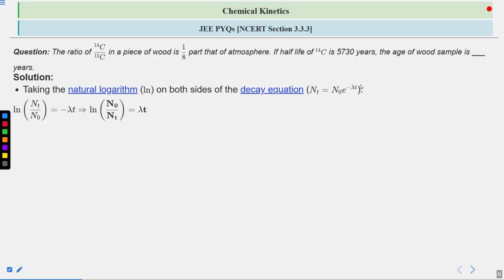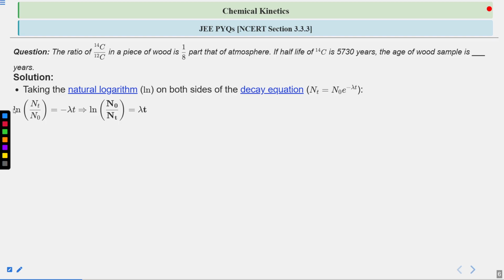Whatever is in the power will come in the product form in the ln logarithmic formulas. If you know that ln e to the power x equals x, using that formula we write ln Nt by N naught equals minus lambda t. We can also take this negative to the left hand side.